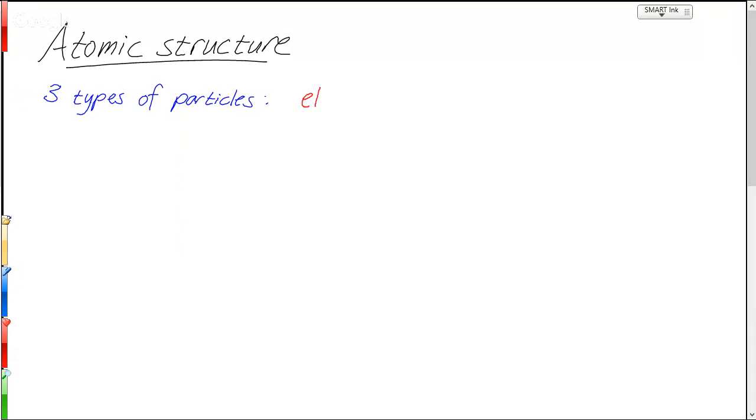What else? Protons. Yeah, electrons, protons, and neutrons. I heard them all, so great. Those are the three subatomic particles, the three particles that make up an atom. Anybody know anything about them? What are some of the differences between them? What's special about them?